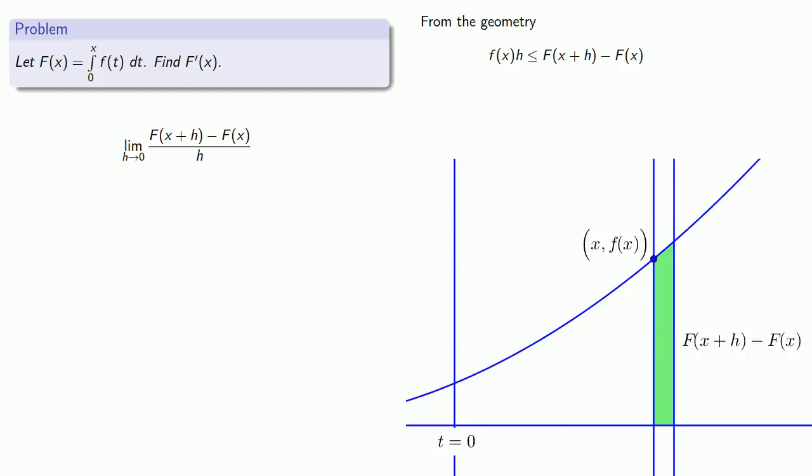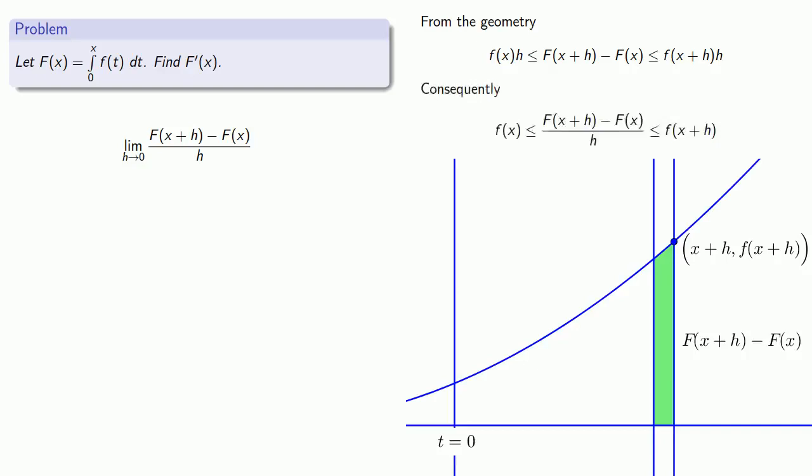Meanwhile, the dimensions of the right rectangle are height f of x plus h and width h, which gives us an area of f of x plus h times h. Now we can do a little bit of algebra, and our difference quotient is bounded between f of x and f of x plus h.